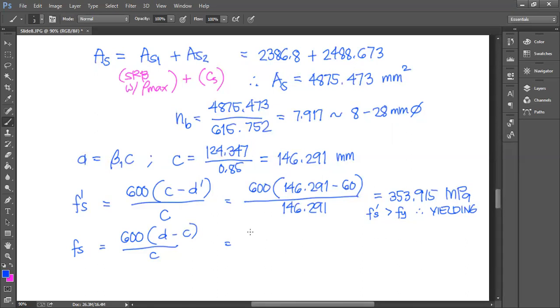So next, yung Fs natin. Meron tayong 600 multiplied by the effective depth na 390 minus 146.291 all over 146.291.